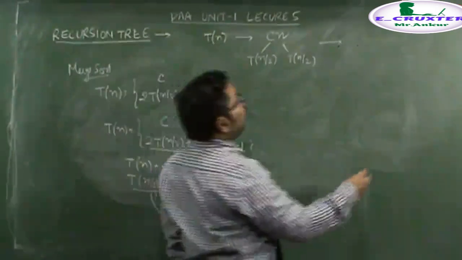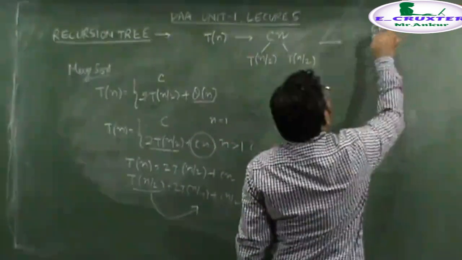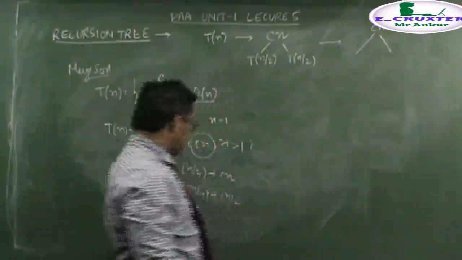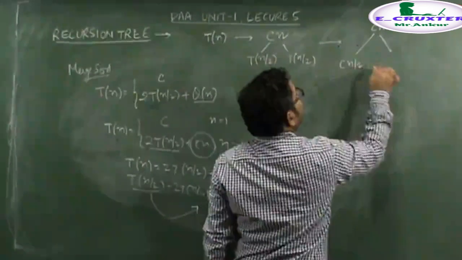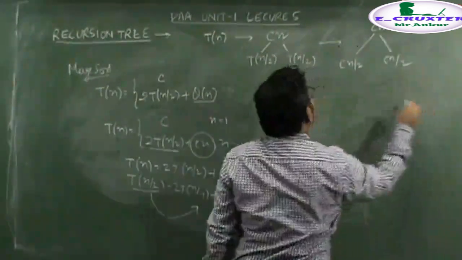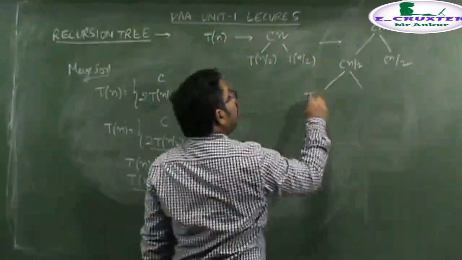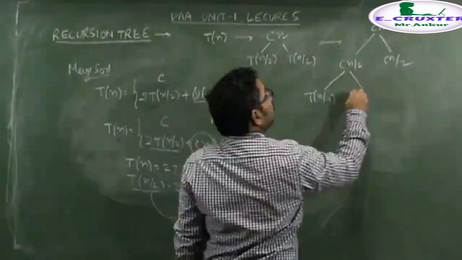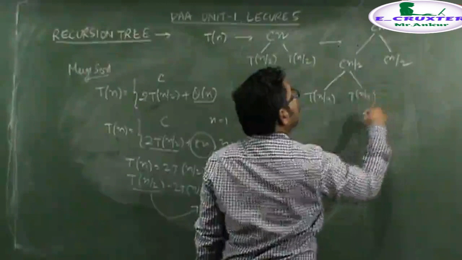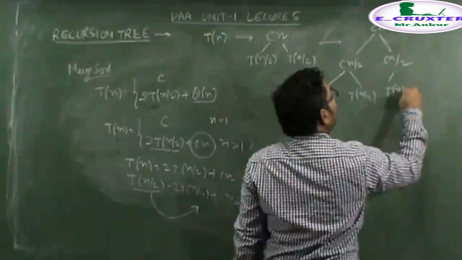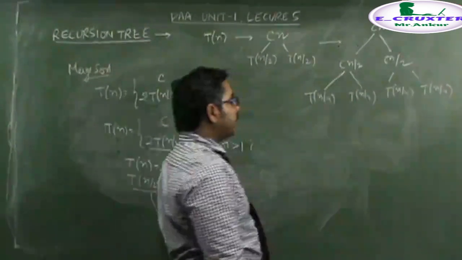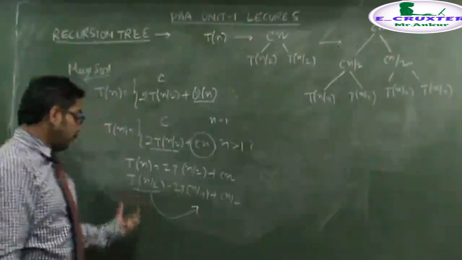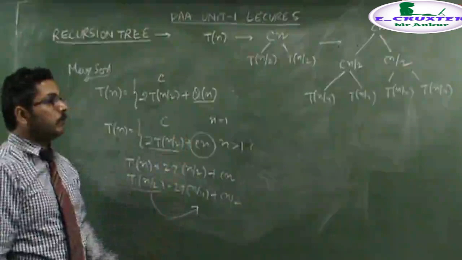Hence it will come out to be C of n, and it will be Cn upon 2, Cn upon 2, and they are further divided into two subproblems each of T of n upon 4. Further, we will replace T of n upon 4 by this equation, and the result will come.